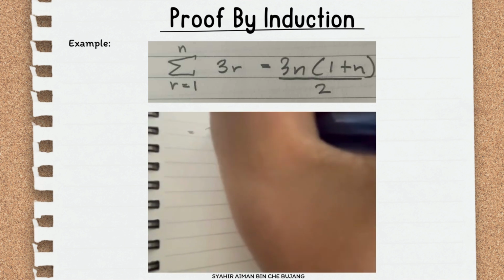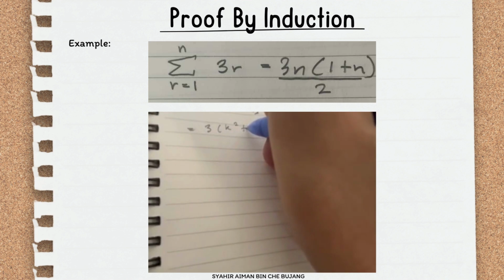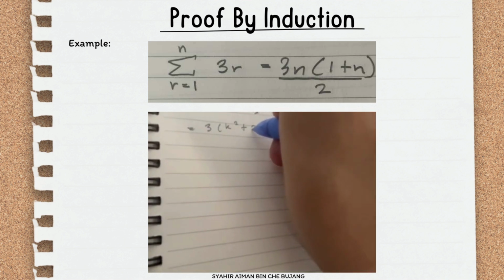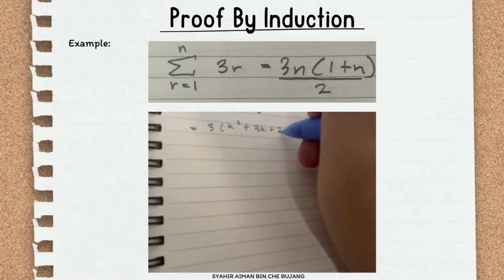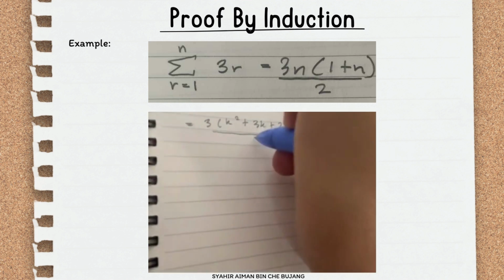Multiply it, it became 3 times (k squared plus 3k plus 2) over 2.